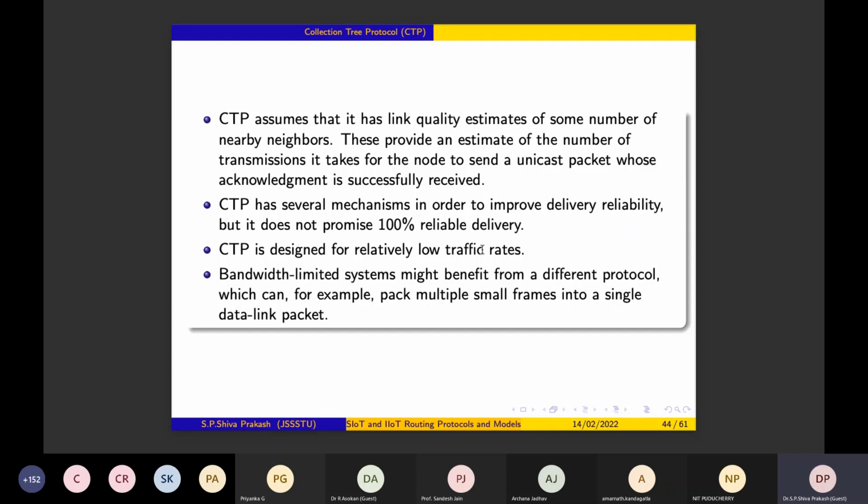It provides an estimate of the number of transmissions it takes for a node to send a unicast packet whose acknowledgement is successfully received. CTP has several mechanisms to improve delivery reliability, but it does not promise 100% reliable delivery. It is designed for relatively low traffic rates, and bandwidth-limited systems might benefit from a different protocol which can, for example, pack multiple small frames into a single data link packet.